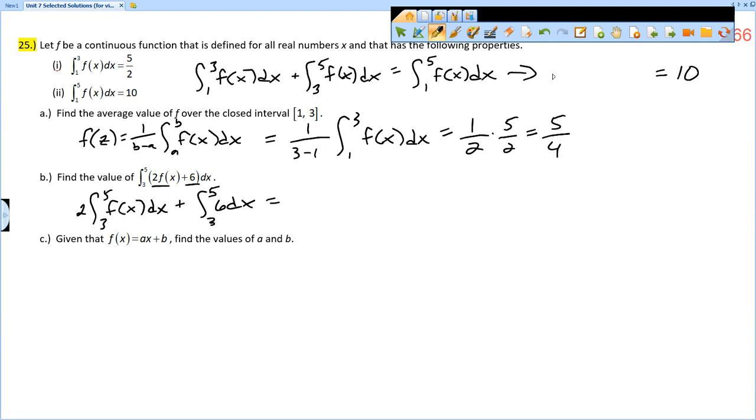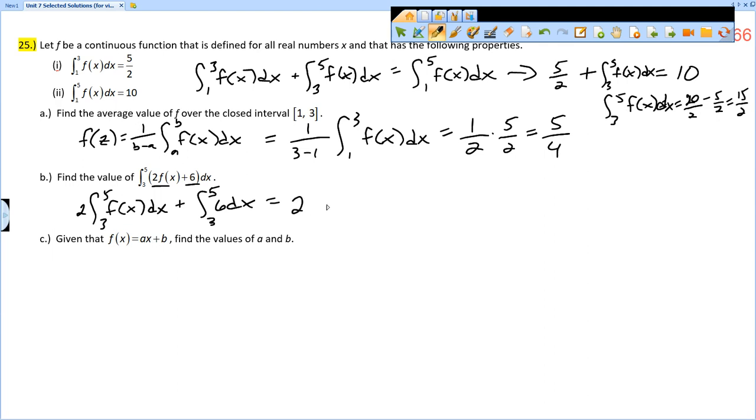The integral from 1 to 3 is 5 halves, plus the value that we want to know, the integral from 3 to 5 of f of x dx. So now I'm going to subtract 5 halves. The integral from 3 to 5 of f of x dx is going to be 10 minus 5 halves. Well, 10 is 20 halves, minus 5 halves is 15 halves. So that's the value of that integral.